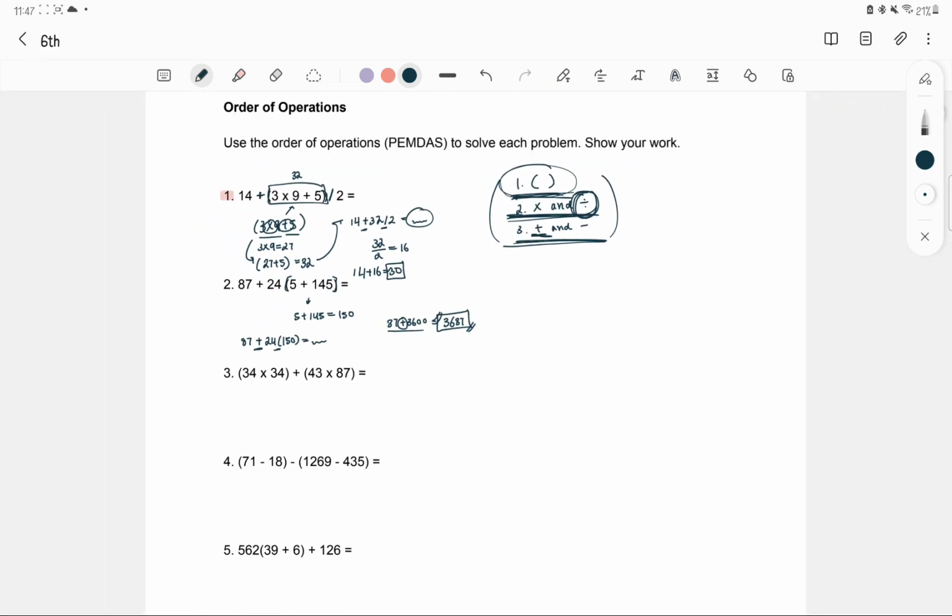Okay, so remember that you have to solve what's inside the parentheses, and if inside the parentheses there are multiple operations going on, you have to determine what goes first. For number 1, multiplication goes first, which is 3 times 9, and addition goes last.